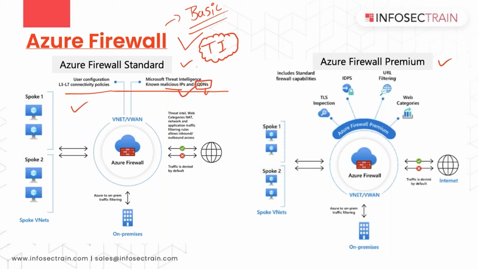Now, if I talk about Azure Firewall Premium, it provides advanced capabilities, which include signature-based IDPS, intrusion detection and prevention system. In simple terms, based on the signature, it can detect which traffic is malicious, which allows rapid detection of attacks by looking for very specific patterns.